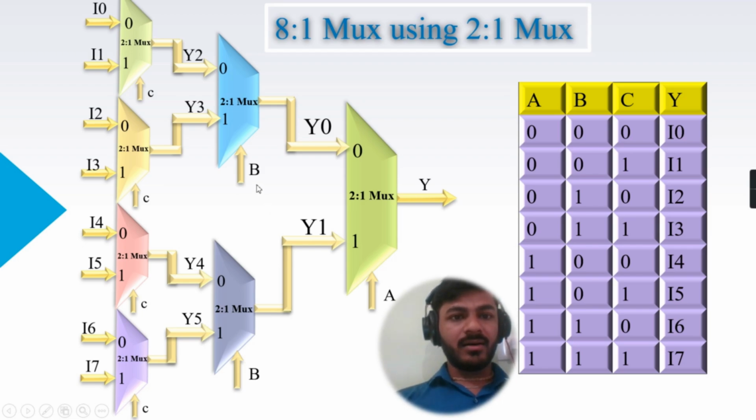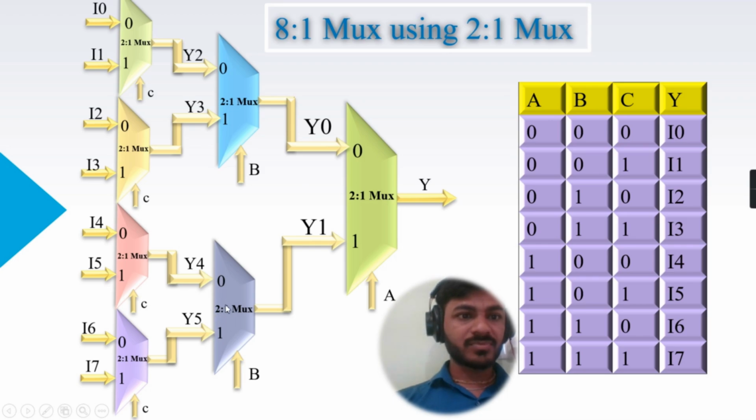Now based on select line B, if my select line B is equal to 0, then the I0 which is already routed into Y2 will be routed to Y0. If select line B is equal to 1, then I2 will be routed to Y3, and Y3 will be routed to Y0.